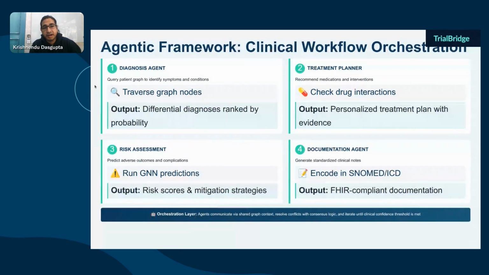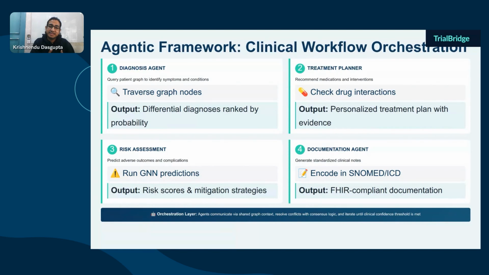There are multiple agents that we are working on; in total we are building 12 agents. But today we are going to see 4 of them working together. One is the diagnosis agent, and it doesn't really create a diagnosis, but it traverses and shows you that this could be a proper diagnosis.